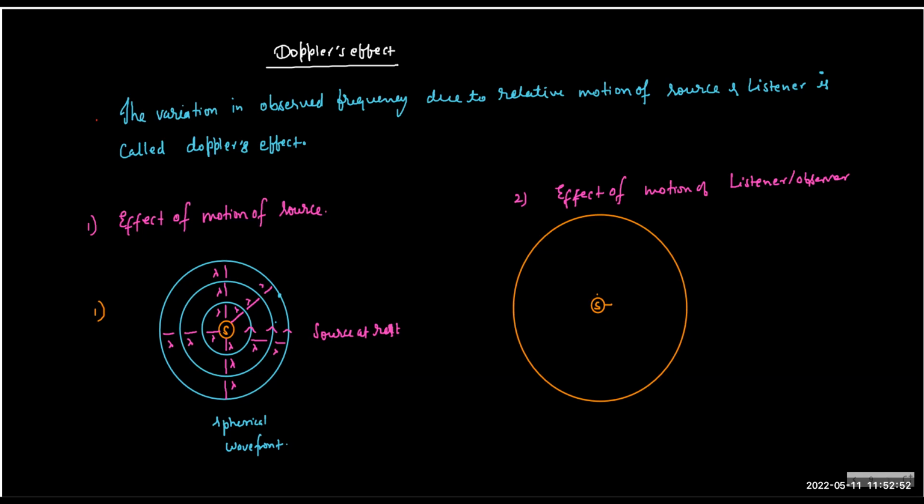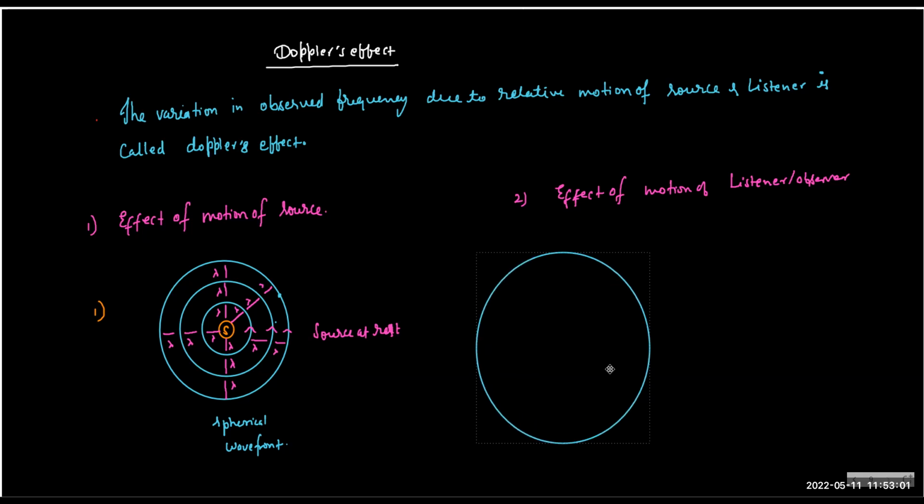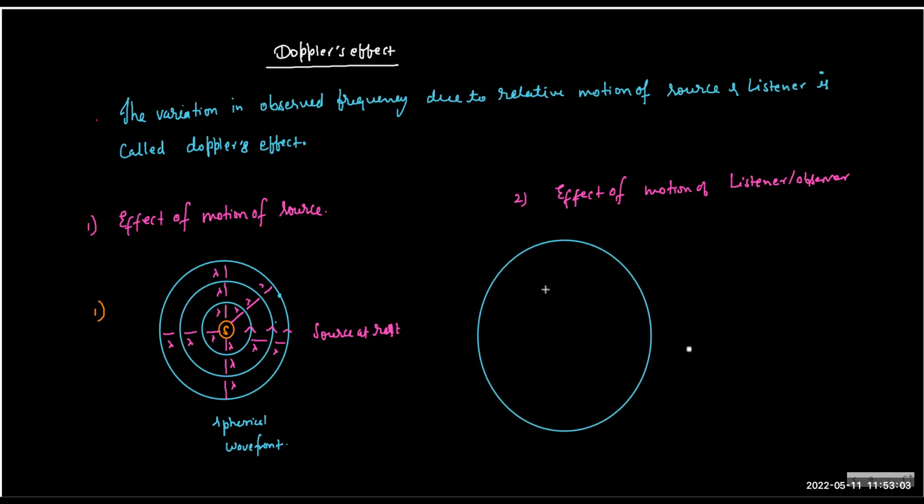So for a moving source, the wavefronts we generate will no longer be concentric. Rather, they will have a gap like this.